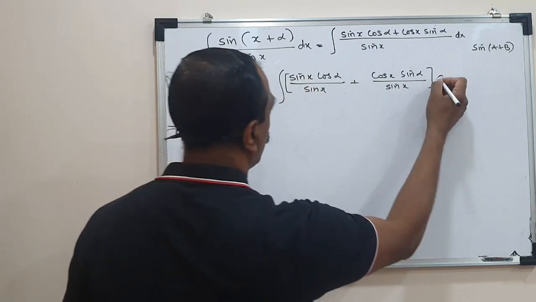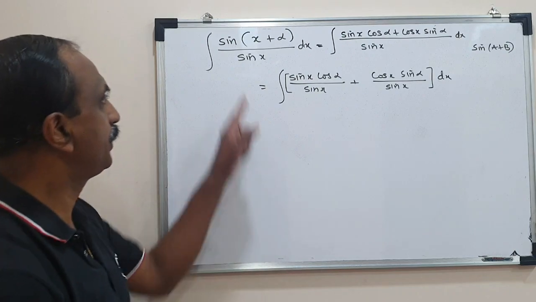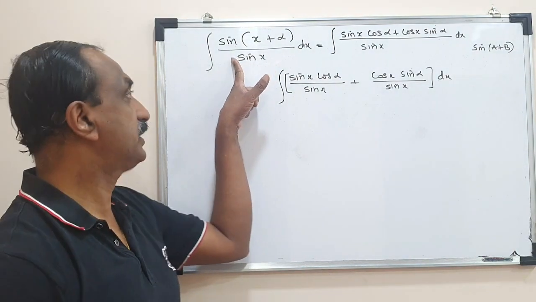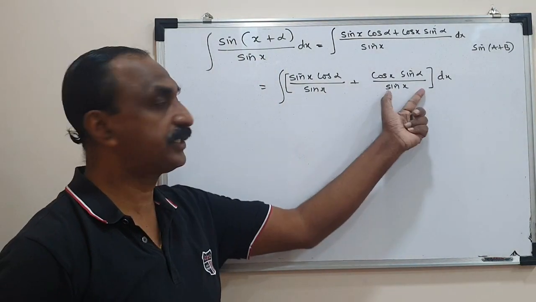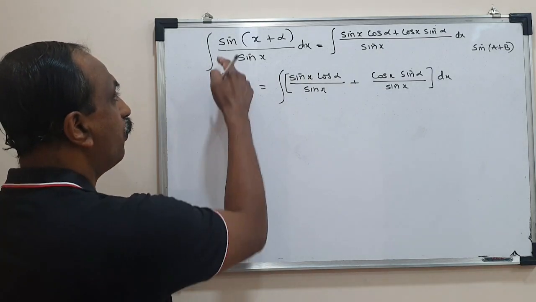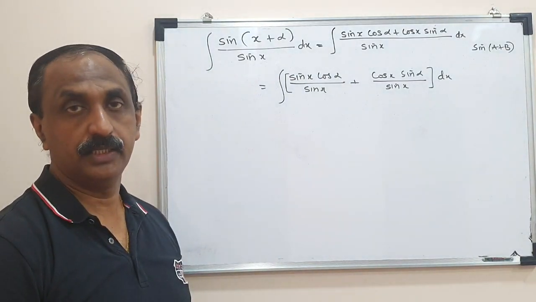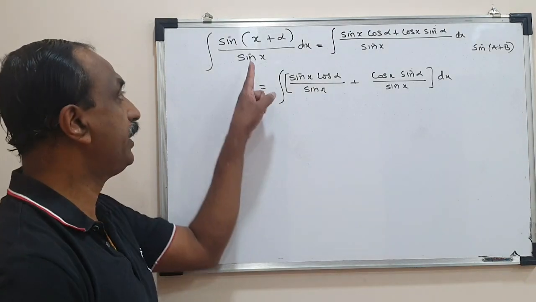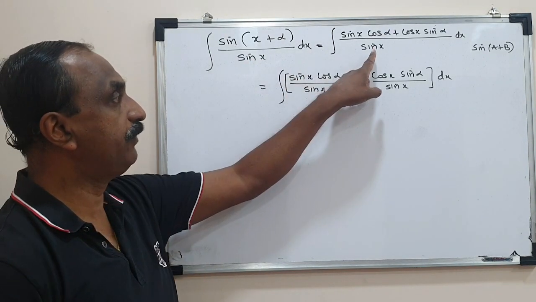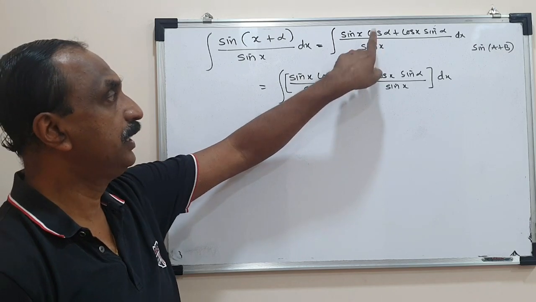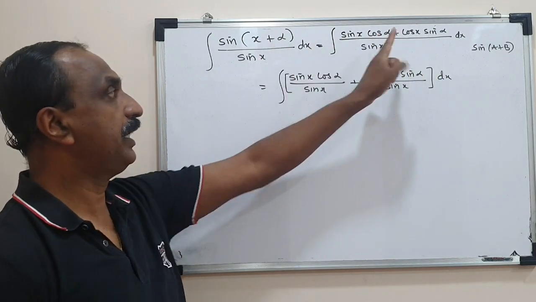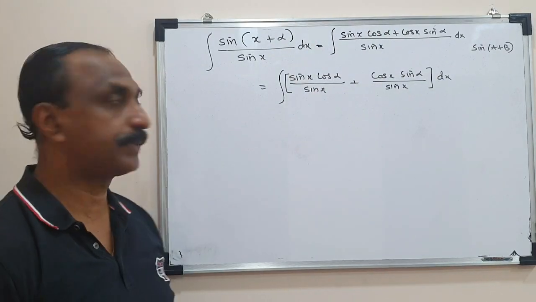Students, you need to remember what I told you once upon a time. If the denominator is a single term, then the separation is possible. If I had a 1 plus or some sign here, then separation would not be easy and you will not be able to do it. That's why, whenever the denominator is a single term, think of separating it over an addition or over a subtraction.